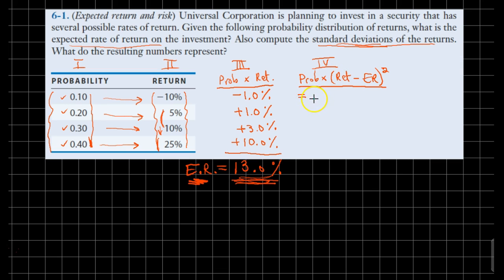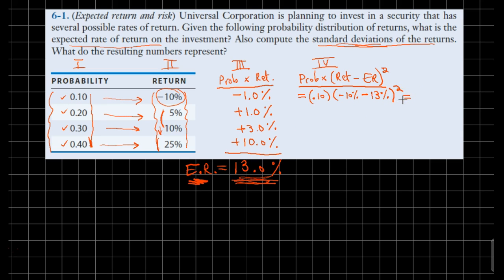So the probability is 10%, so 10% times the individual return here is minus 10%. You know what, I'll just leave the percent sign here because I don't think it will cause any issues. Minus the average return is 13%, and we need to square this.